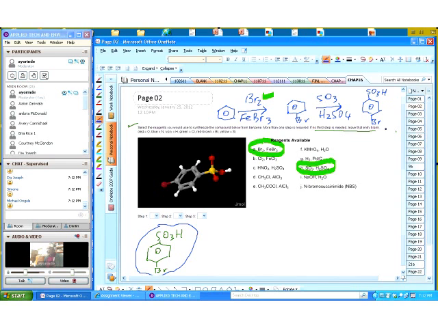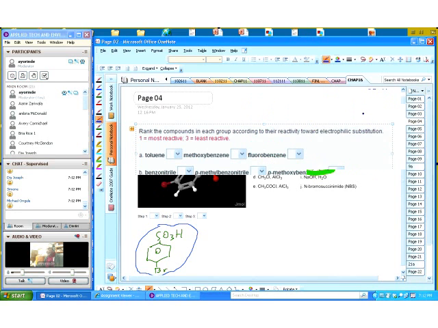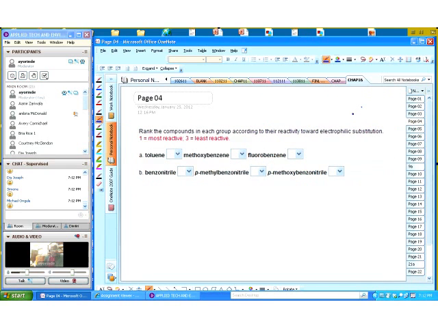Okay, good, very good. Now let us go to problem number 4 here. Okay, Sean, can you go ahead and read this for us? Rank the compounds in each group according to their reactivity toward electrophilic substitution.